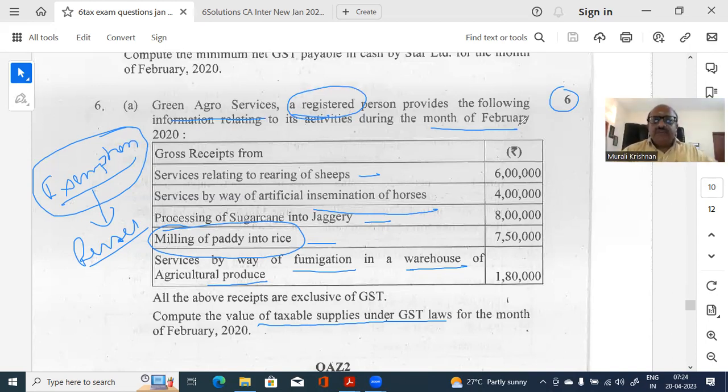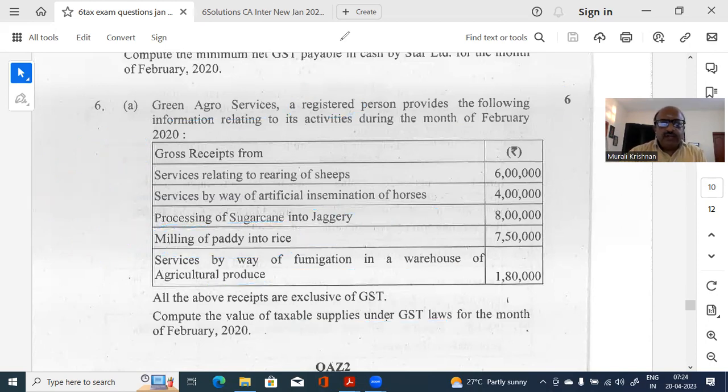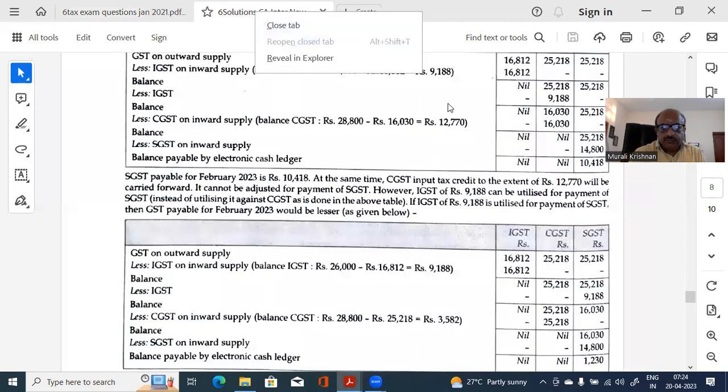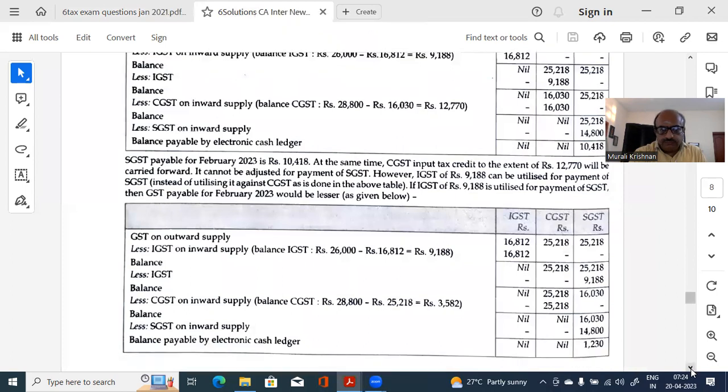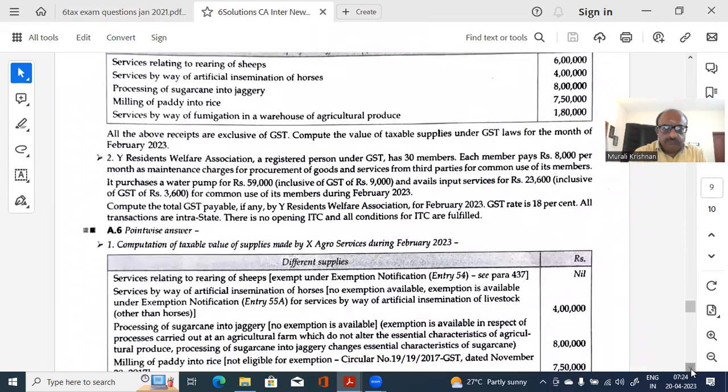You can still revise. Every day, look at it once. If you do it, you can easily get 6 marks. Taxable value, they are asking. So let us look at the solution straight away so that we don't waste time on this. Because you know the items, it will also come there. Now see.